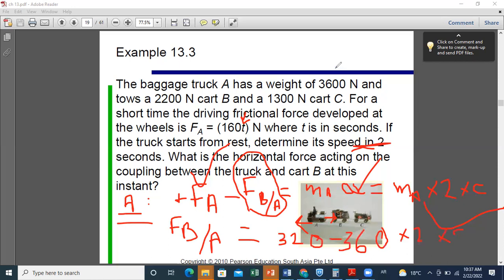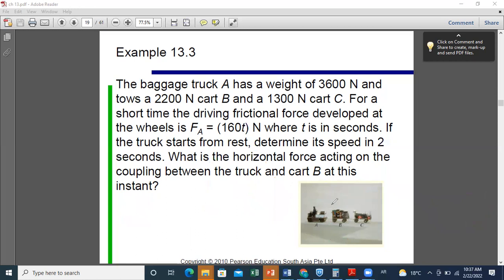The second method is to consider system B plus C. If I take this system, the only force is F of A on B. Now, if I write Newton's law, what do I get?